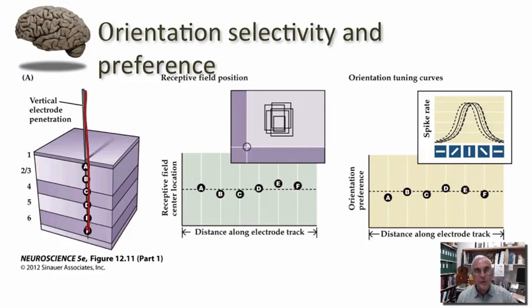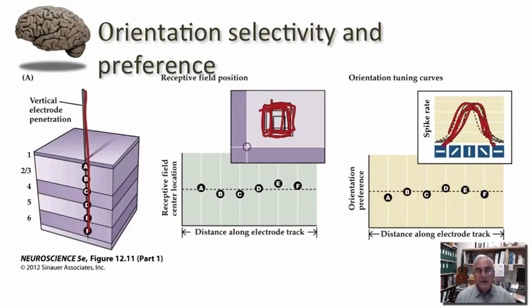And what they discovered when making a penetration in the vertical direction, such as this, is that all the neurons across the depth of the cortex that they could record from all shared similar receptive field properties. That is, they tended to represent overlapping regions of the visual world, and when they tested different orientations or different angles of bar stimuli, what they found is that these neurons all shared the same orientation preference.